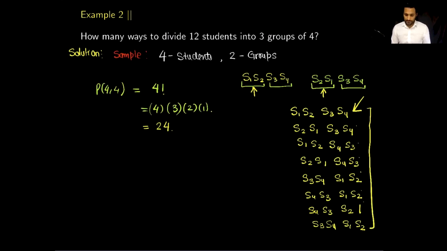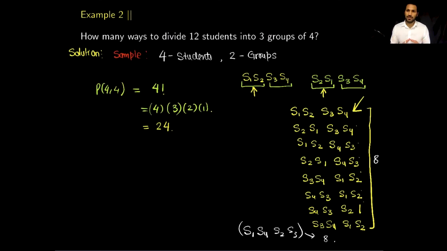So this is one group which has 8 permutations. If I take another group of permutations, meaning S1 now with S4 and S2 with S3, and I calculate all the permutations corresponding to this, that will also be 8. Then I can take another one which will also have 8.